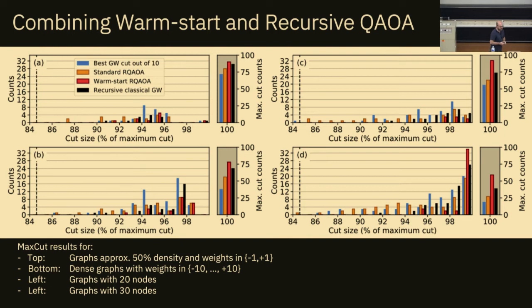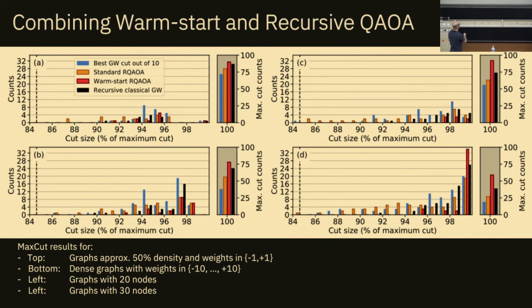And we compared different types of algorithms. First, we compared the Goemans-Williamson, where we ran a couple of samples and took the best one. Then standard recursive QAOA, warm-started recursive QAOA, and then recursive classical Goemans-Williamson. So we applied this recursive scheme also to a classical sampling algorithm. It's the same idea, but without QAOA. And the x-axis here is the quality of the sampled solutions.